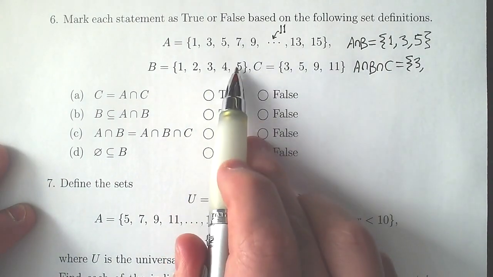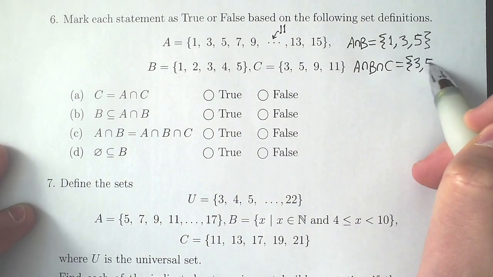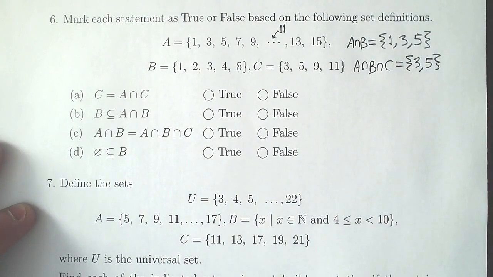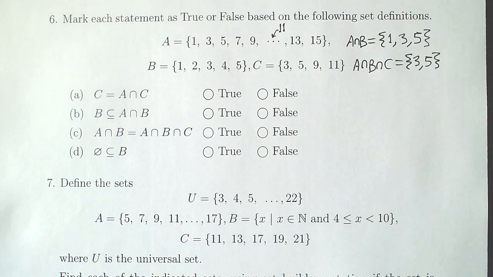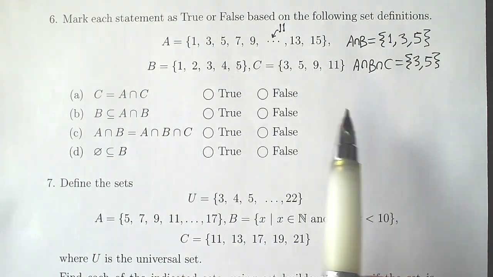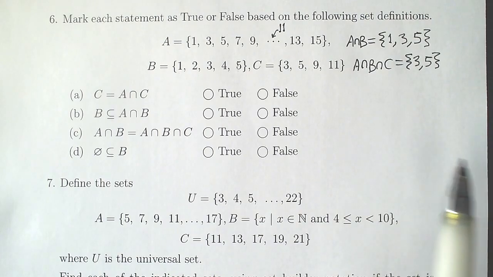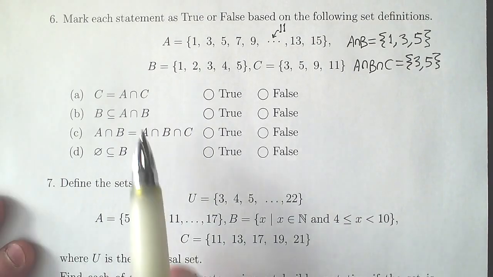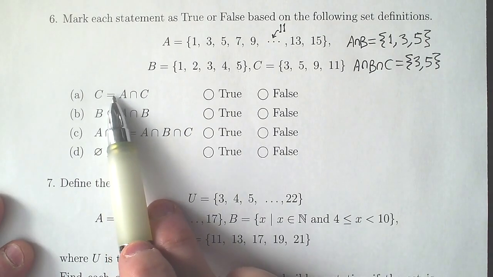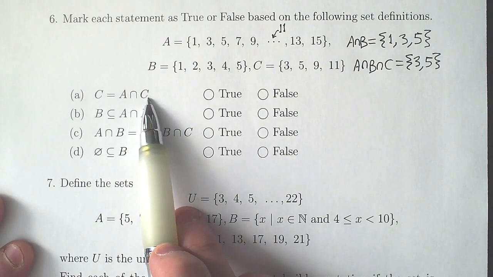The number 5 is in all 3 of them. So I have that off to the side. Even if a problem doesn't need explanations written, you might find yourself wanting to write a tiny bit of scratch work just to help yourself out. All right, let's see. Does C equal A intersected with C?